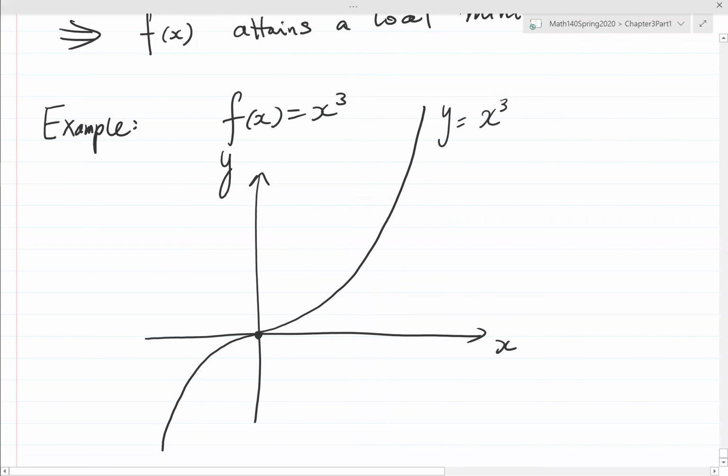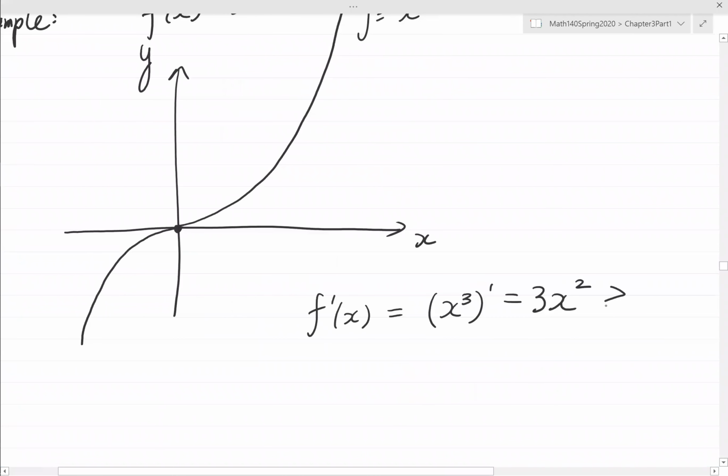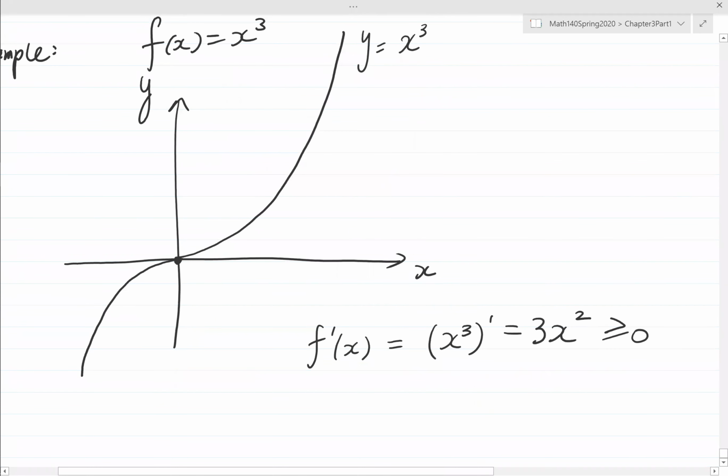First we take the derivative. The derivative of x cubed is 3x squared by the power rule. Now x squared is always non-negative, so this is greater than or equal to 0. Then the function is actually increasing.